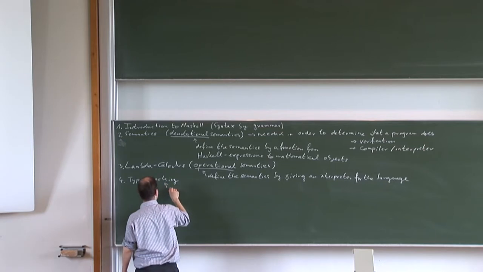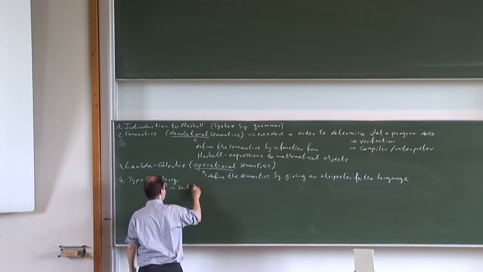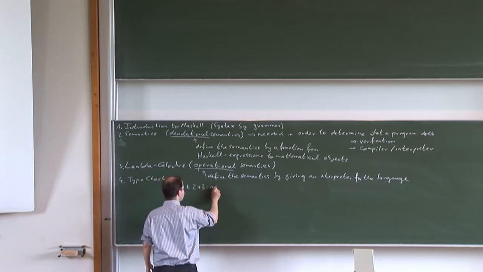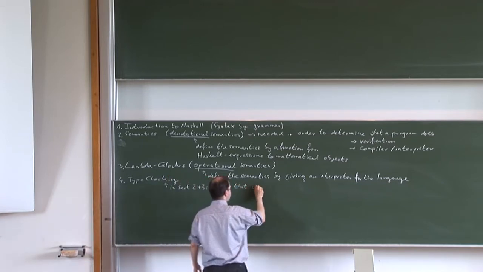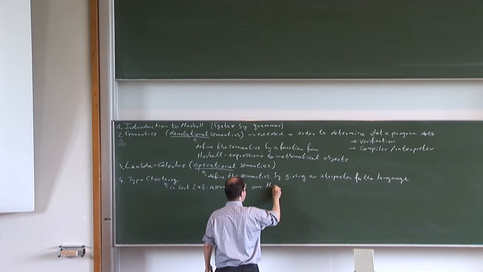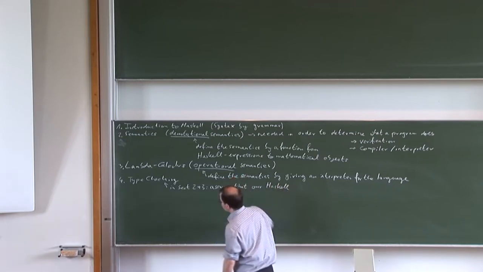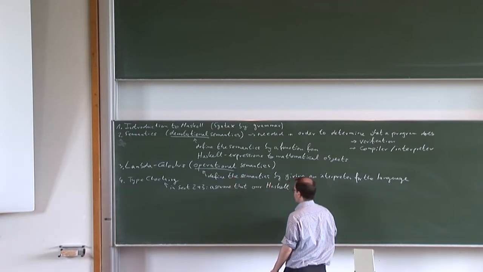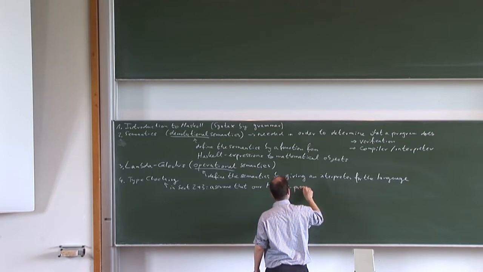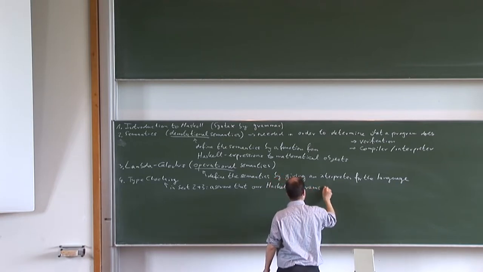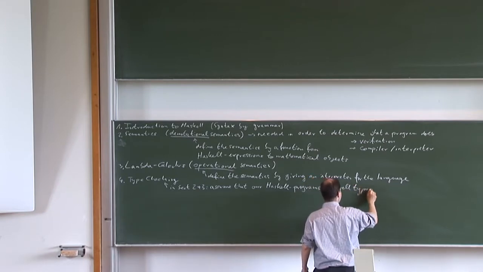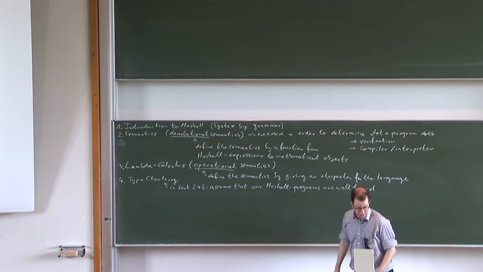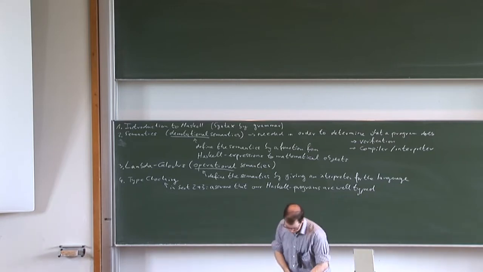So in section 2 and 3, we will assume that our Haskell programs are well typed, or type correct. How to make sure that there are no type errors we will discuss in section 4.